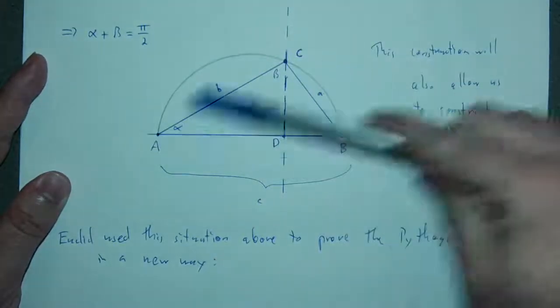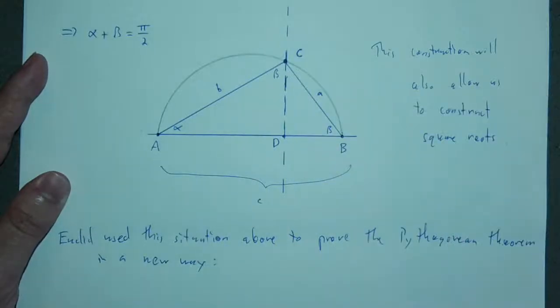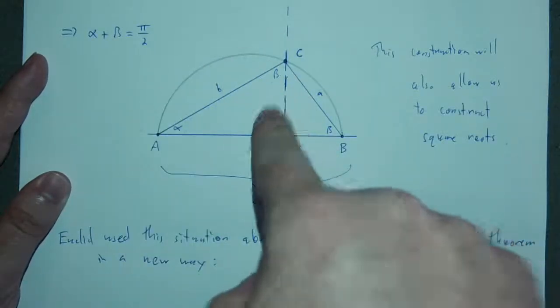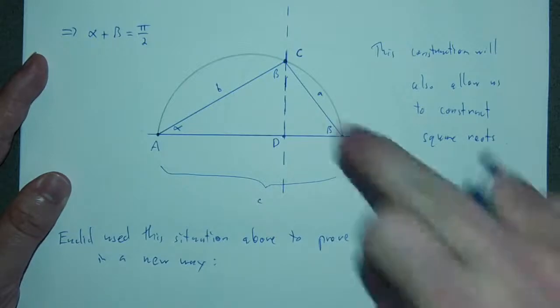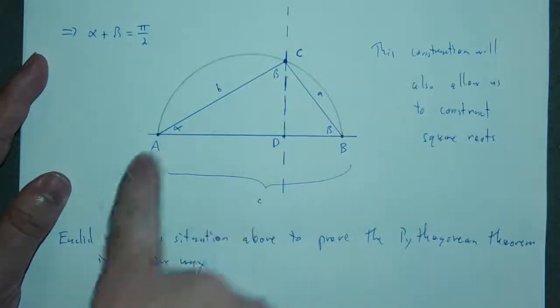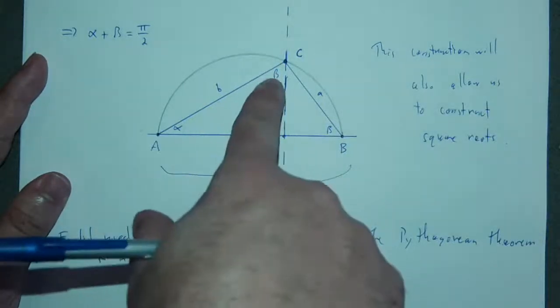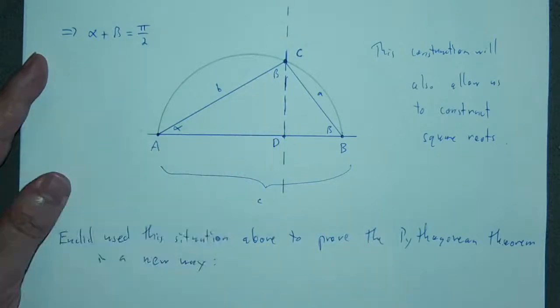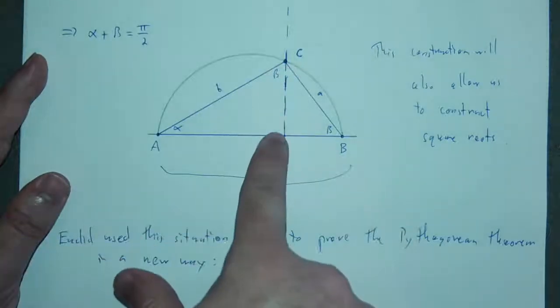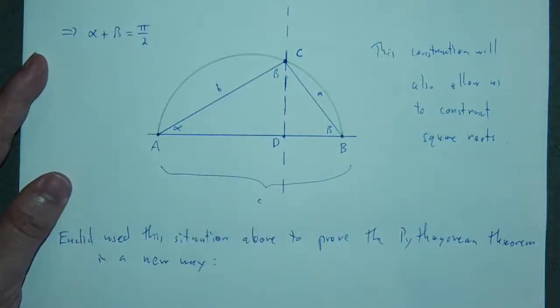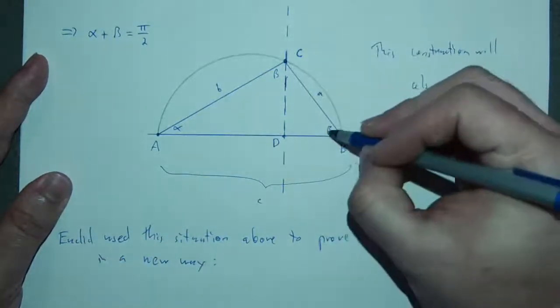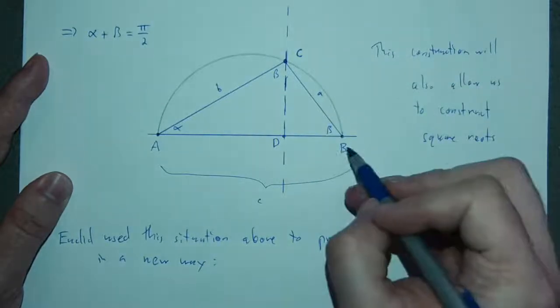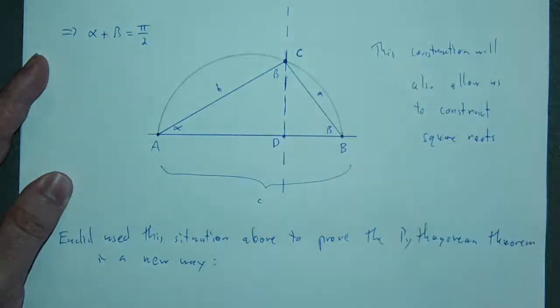Because this forms a triangle ADC that has alpha and a right angle, the only thing that makes the total exactly pi is if that angle is beta, so that alpha plus beta is pi over 2, the remaining angle is pi over 2, and in total I get pi. Similarly, this is a right angle, so angle BDC is a right angle.